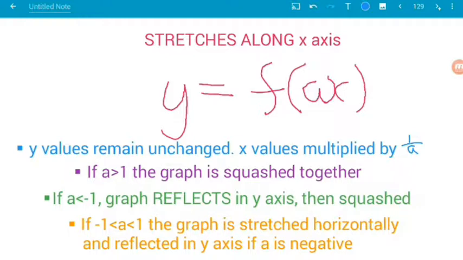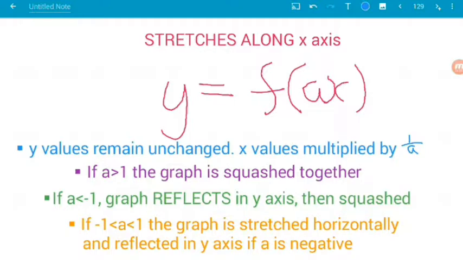So x values get squashed in with a scale factor of 1 half. Now what we're going to do first of all is transform y equals sine of x, because sine of x is a really good function to illustrate what is going on with these transformations.